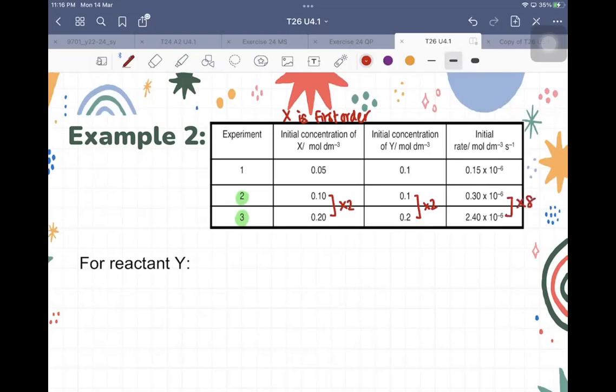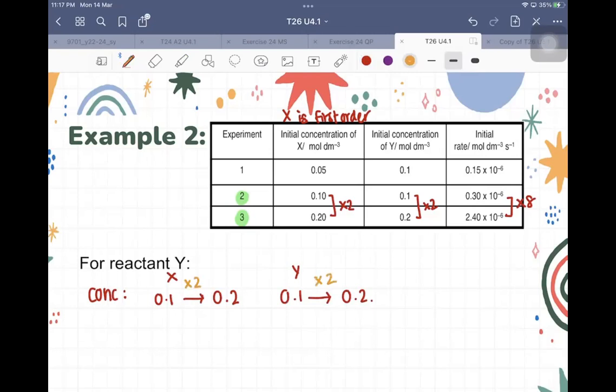Okay, so let's see how we do this. The concentration increase for X is 0.1 to 0.2, and for Y it's also 0.1 to 0.2. That increase is times 2, and this is also times 2.